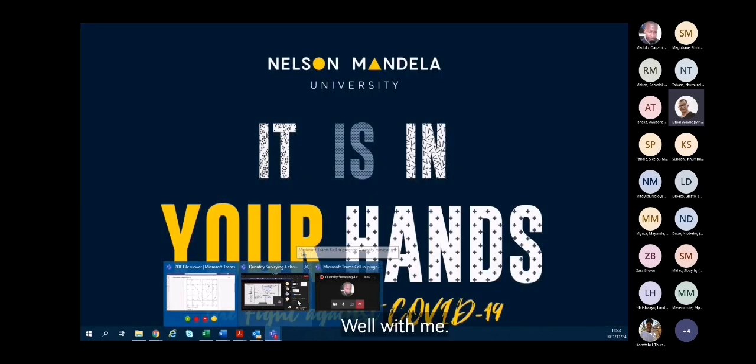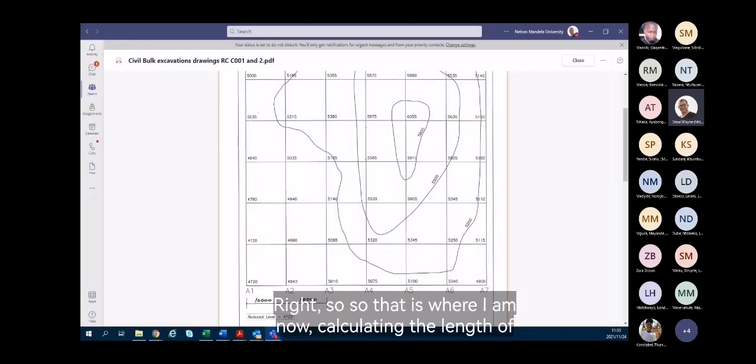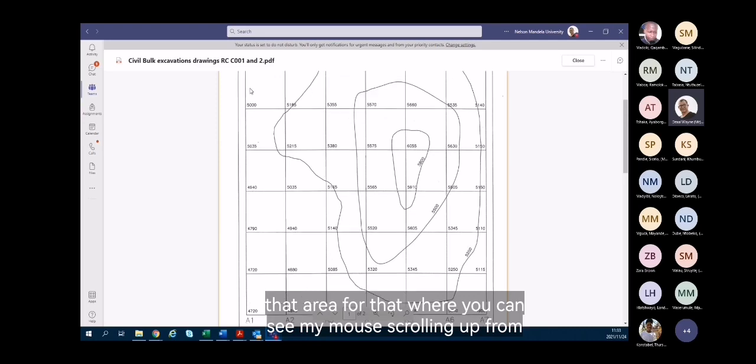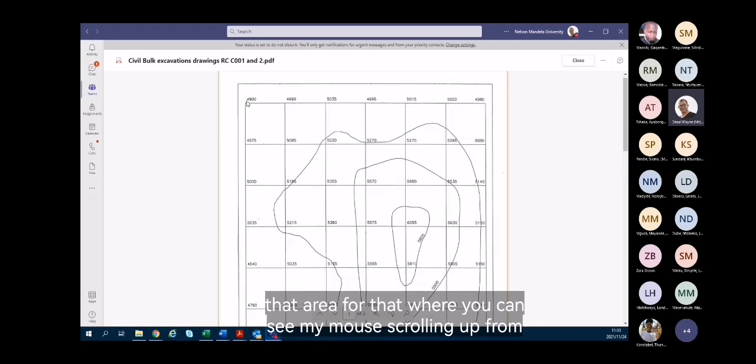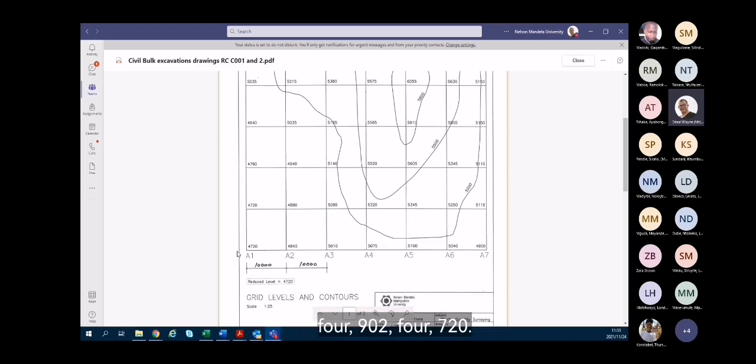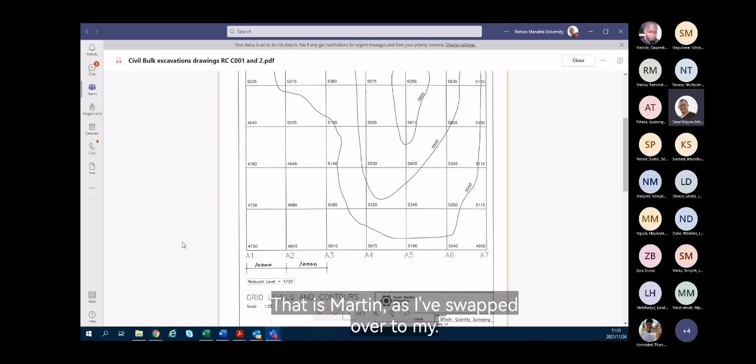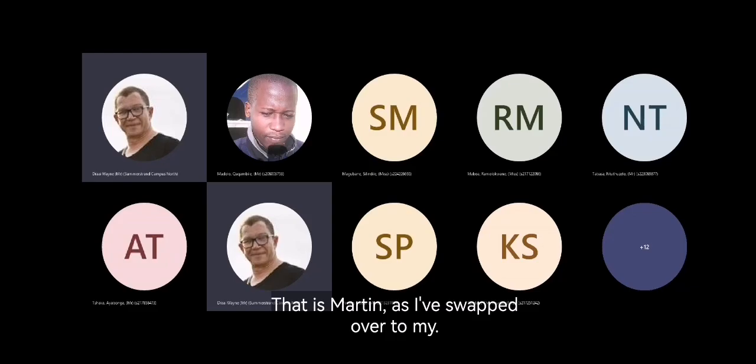That is where I'm calculating the length of that area, as you can see my mouse scrolling from 4900 to 4720. So that is my 10.